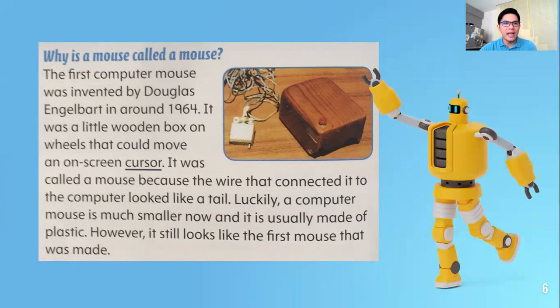It was called a mouse because the wire that connected it to the computer looked like a tail. Luckily, a computer mouse is much smaller now, and it is usually made of plastic. However, it still looks like the first mouse that was made.